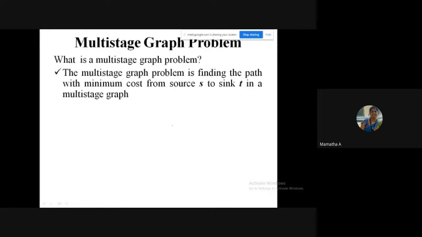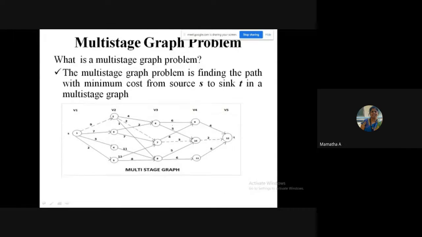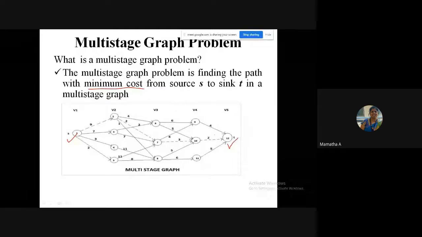If I give you this graph, you have to find the path from S to T which gives the minimum cost. You will have so many paths, students. Out of that, you have to find the minimum cost path.